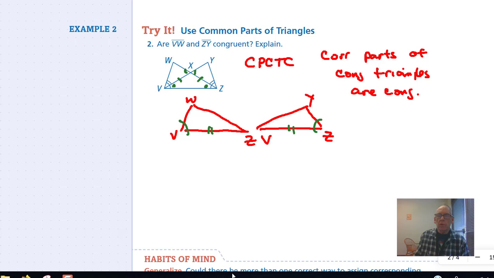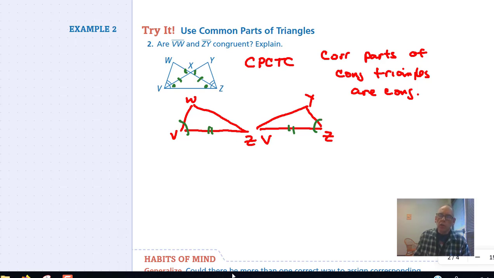Let's see, what could I do up here? Let's see, the angle. These angles are congruent. This diagonal.